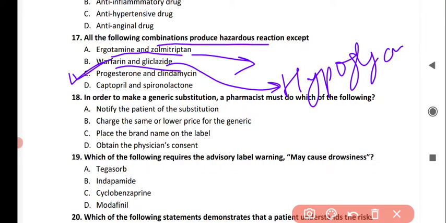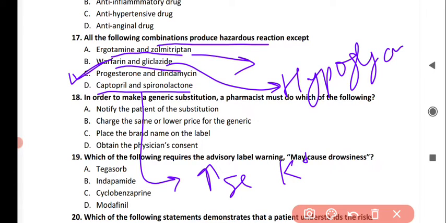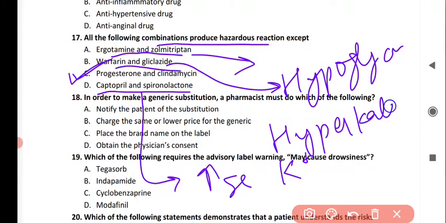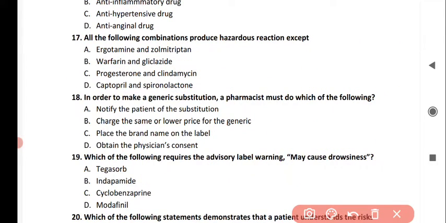And if I talk about captopril and spironolactone, if they are given in combination, they will increase the potassium level in the blood, and they can cause hyperkalemia. So the non-hazardous combination will be option C, progesterone and clindamycin.